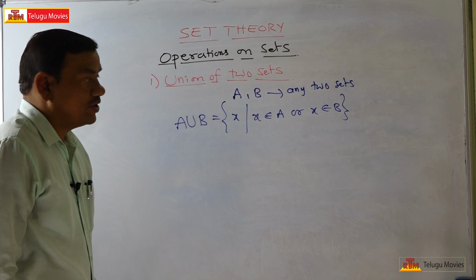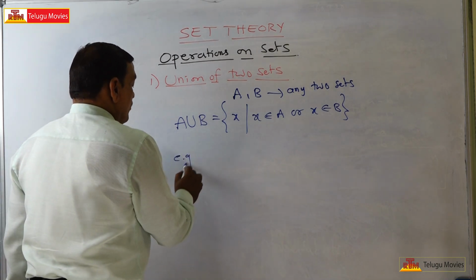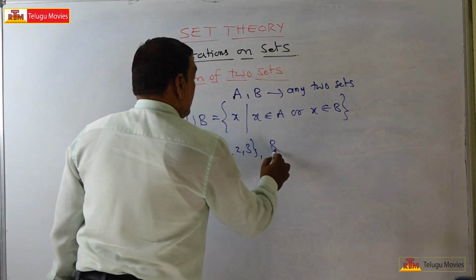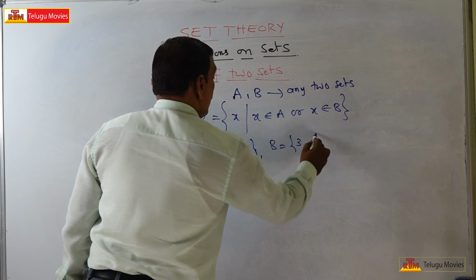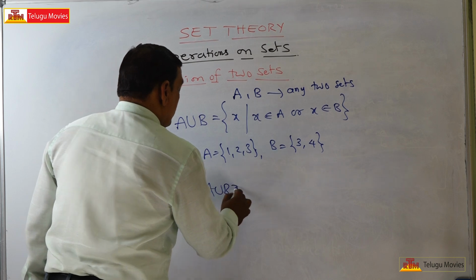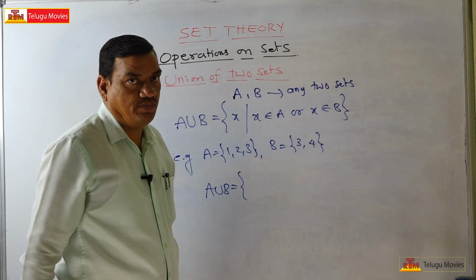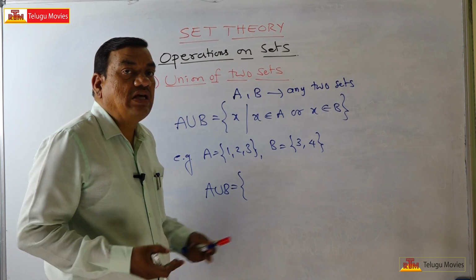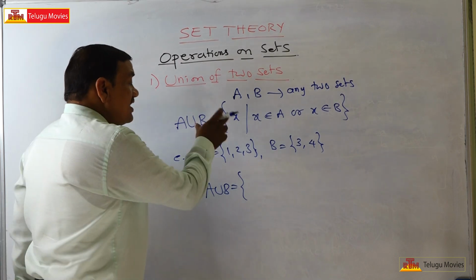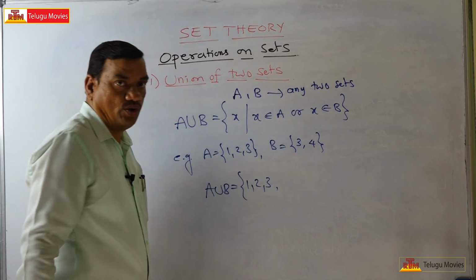Either X belongs to A or X belongs to B. Sir, what is this? I will give one example. A is equal to {1, 2, 3} and B is equal to {3, 4}. Now A union B is given by, either X belongs to A or X belongs to B. That means you have to take all the elements which belong to either A or B. The elements which belong to A are 1, 2, 3.